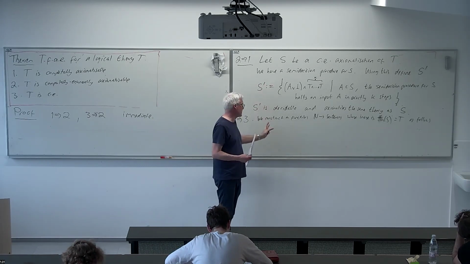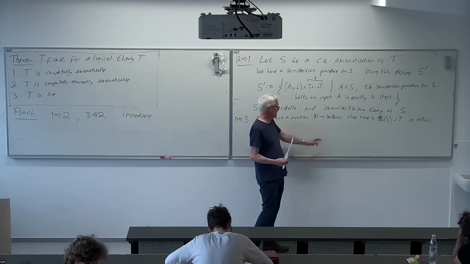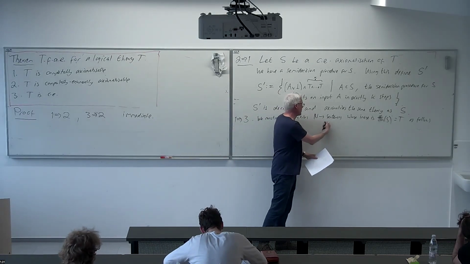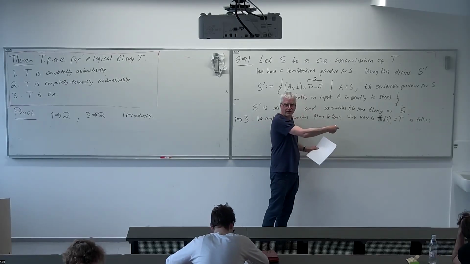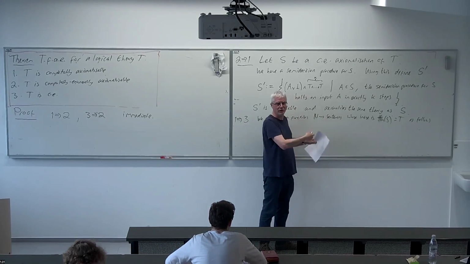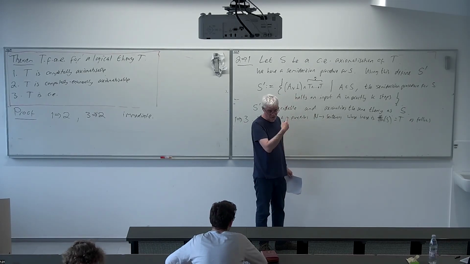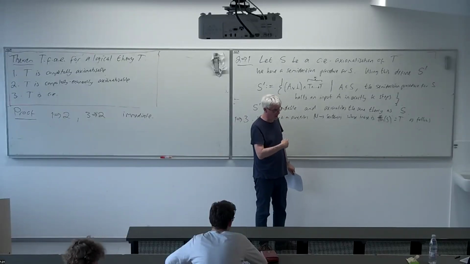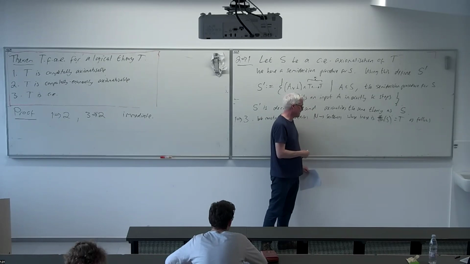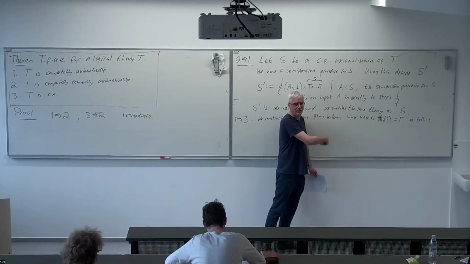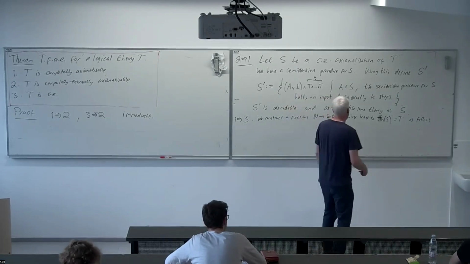And if so, we say, aha, we have found a sentence that belongs to our theory. Once again, we're constructing this as a sequence, one formula at a time. Whenever we find a new proof whose assumptions all belong to the theory S, which we can test using decidability, we add the conclusion of the proof to our list of sentences. And then we go on to the next one, and we carry on like this.